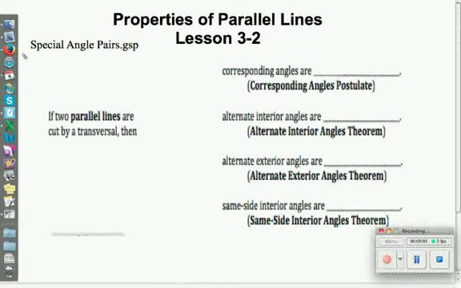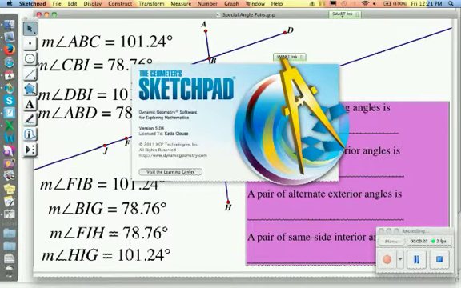So yesterday we talked about the special angles that are formed when 2 lines are cut by a transversal. Today we're going to be specifically talking about what happens when those 2 lines that are being cut by a transversal are parallel. So let's consider this little construct I've made.